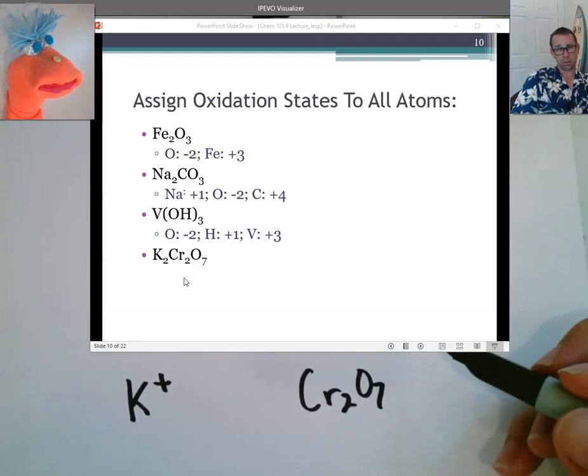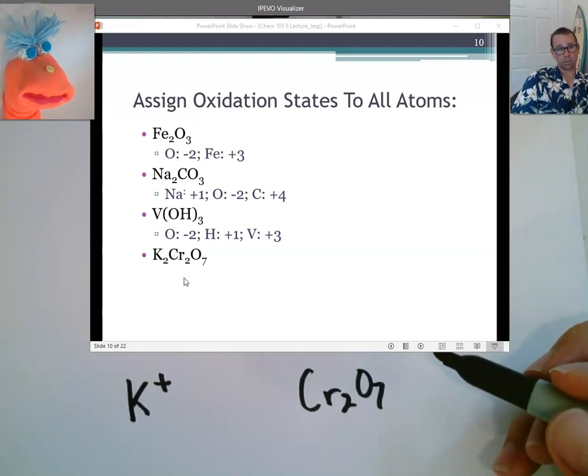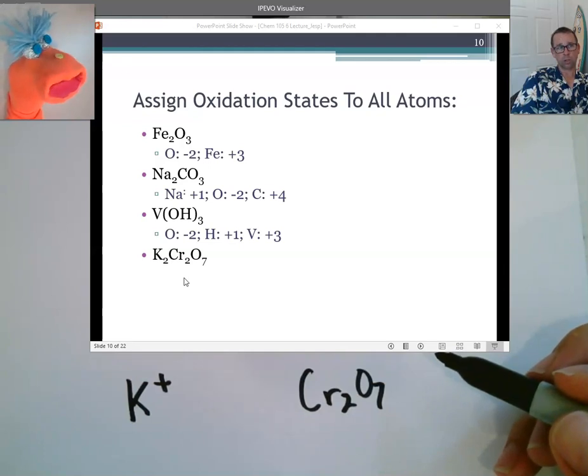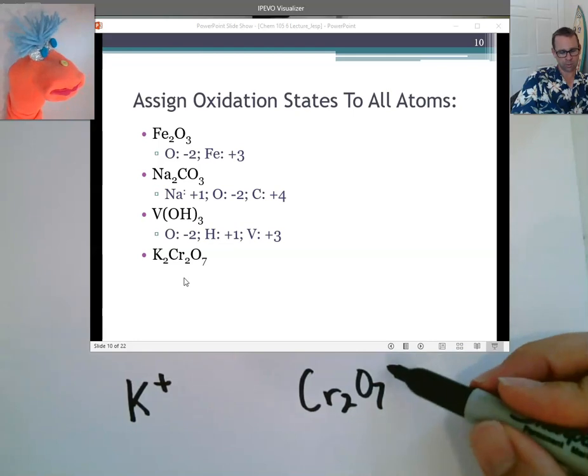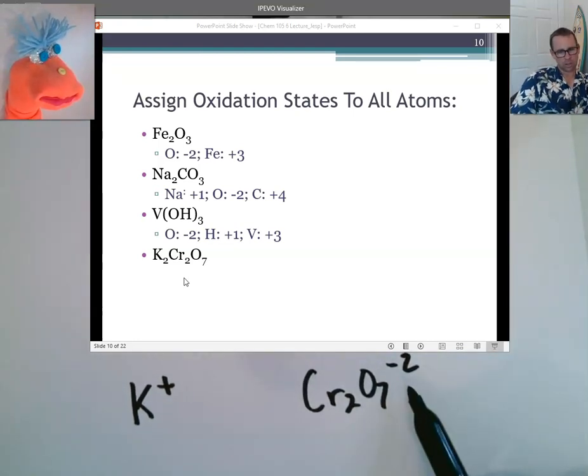Do you know the charge on the dichromate ion? It's on the polyatomic ion chart. Let me look. Wait, you don't need to look yet because you can tell just by looking here. Oh, because potassium's +1, so dichromate must be -2. That's right. Very good. So dichromate -2 here.